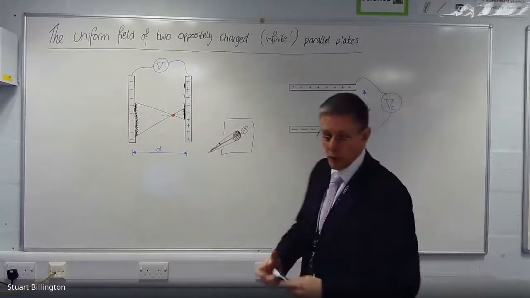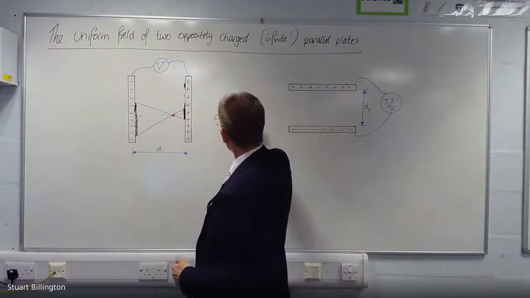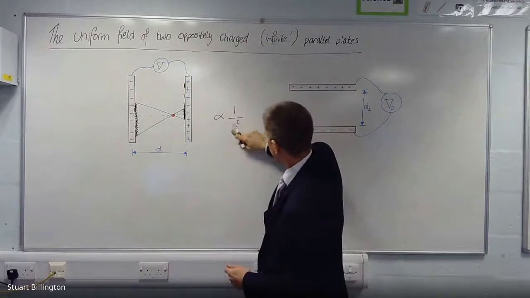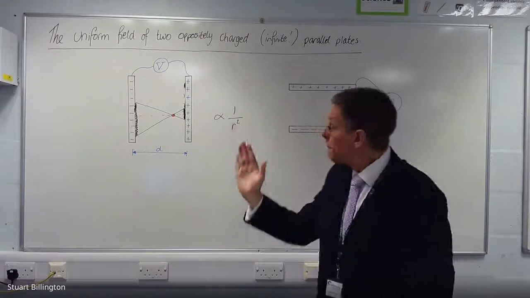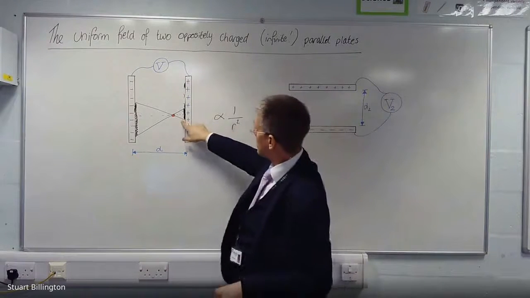And so when we talk about the Coulomb attraction, which is proportional to 1 over the distance squared, well, not d, let's have r. We're now much, much closer to this plate.